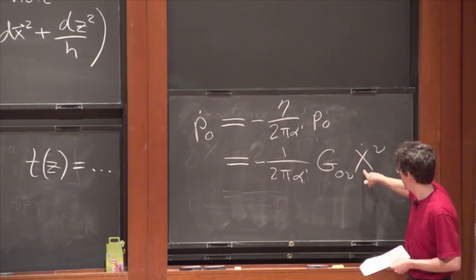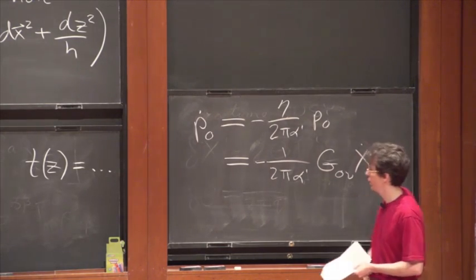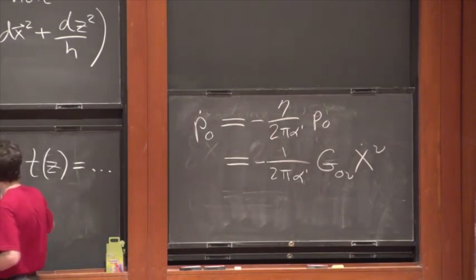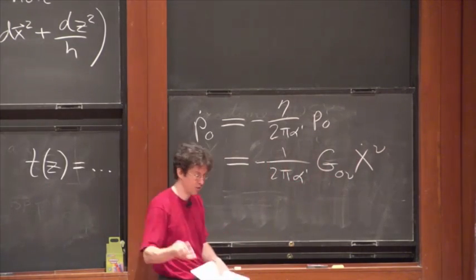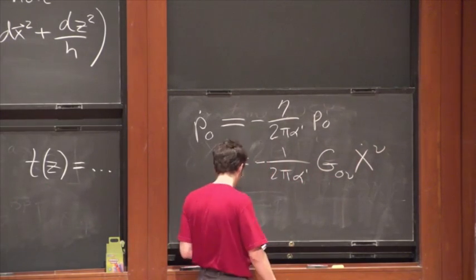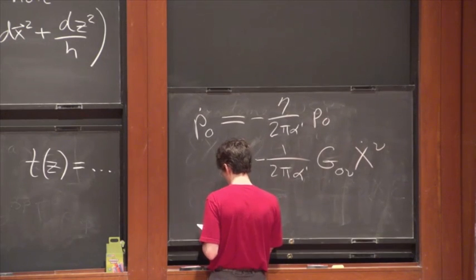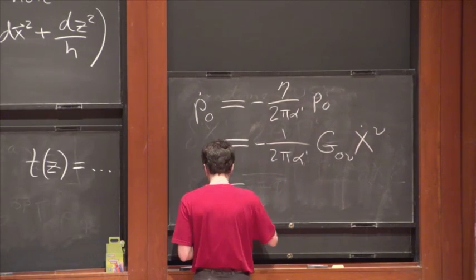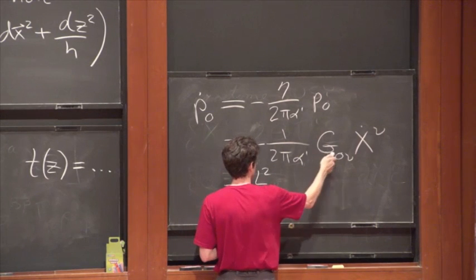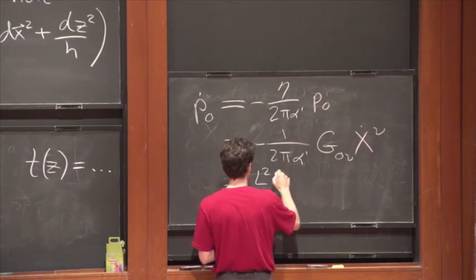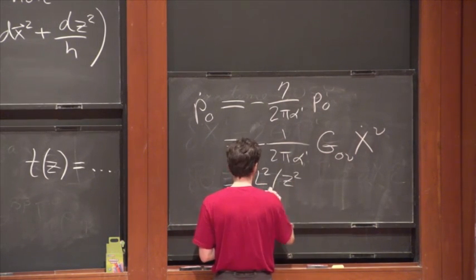And now you really can just plug back in x dot from this trajectory, where now dot means d by d psi, which is also d by dx. And so you get the metric G00. That's the only non-zero component that's going to be involved.